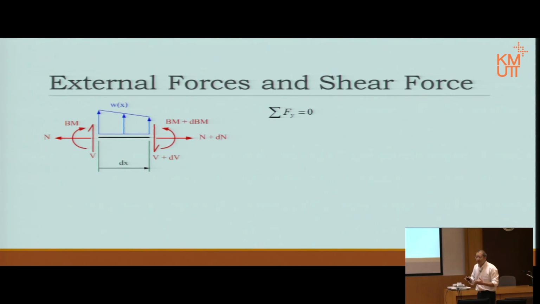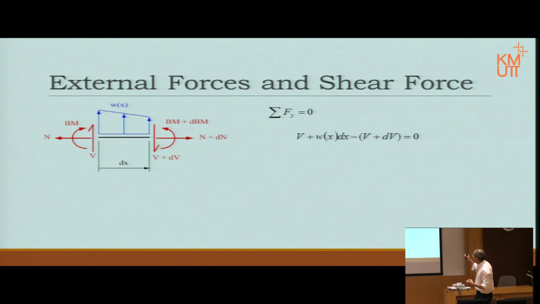Okay, so if we have an inclined member with shear going that way, it will not be sigma Fy as such, not vertical. It will be the summation of the forces in the line of the shear this way. So sigma Fy signifies the fact that we combine all the forces in the line of the shear itself.